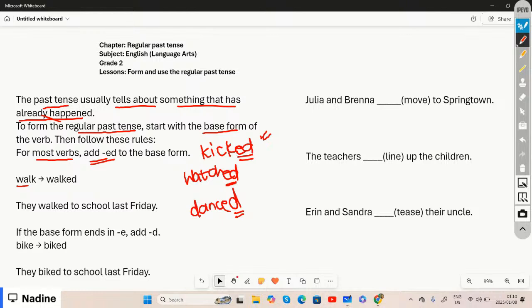But yesterday, I walked to school. And as you can see, we basically just added the ed to the base form of that verb, to show the action that took place in the past.